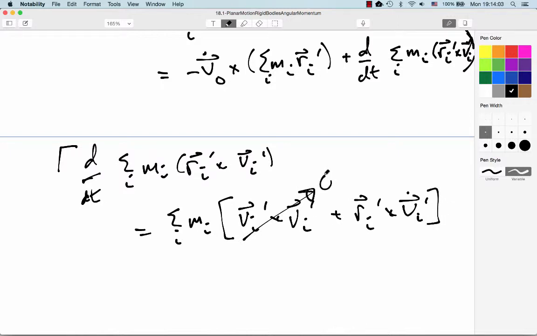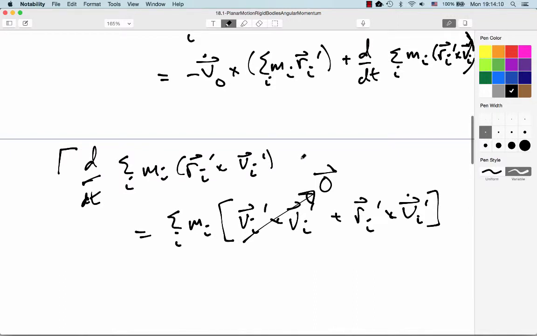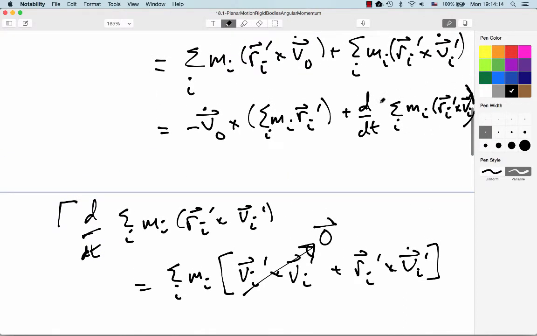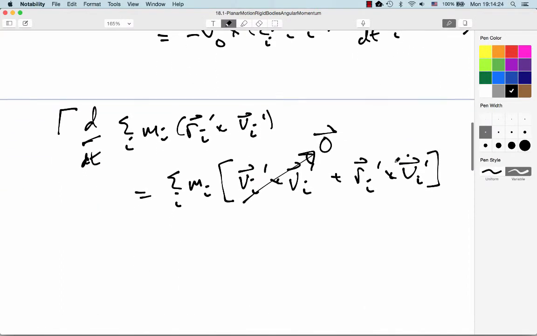And that term is 0 because the vectors are parallel, since it's the same vector. So basically I can just add that v cross v in for free, and then write it like that. If I do that, I recognize that that, by definition, is d/dt of the angular momentum measured in the primed frame.